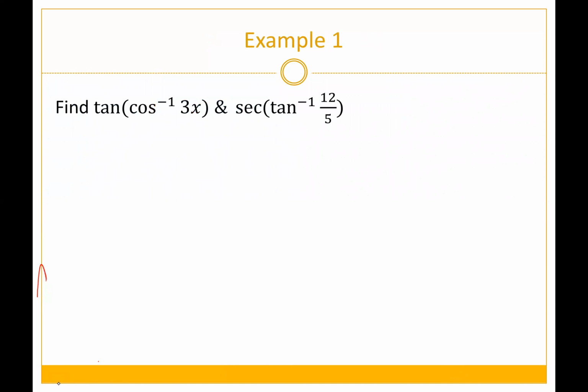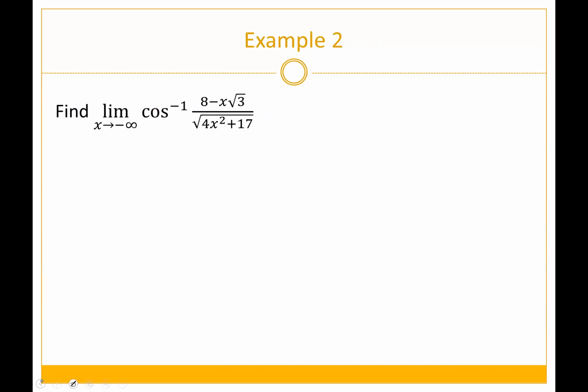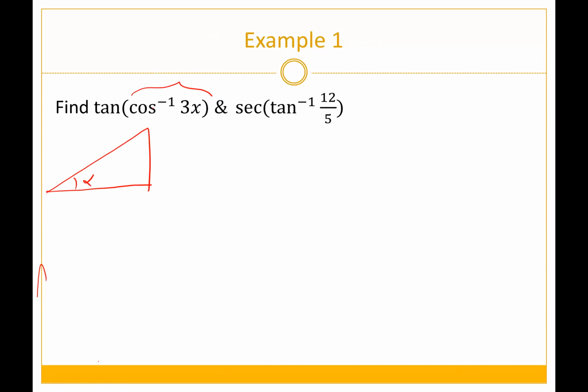Anyway, example 1 is asking us to find tangent of inverse cosine of 3x. This is also one of the ways that you're going to use the right triangle formula. So we have an angle inside of tangent. If we say alpha is this angle, so you have alpha is inverse cosine of 3x, meaning cosine of alpha is 3x, which I can rewrite as 3x divided by 1, adjacent divided by hypotenuse.